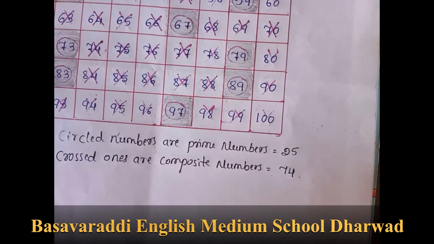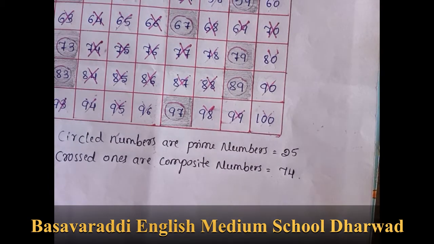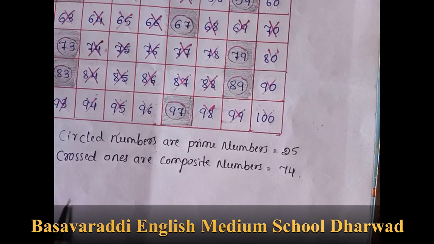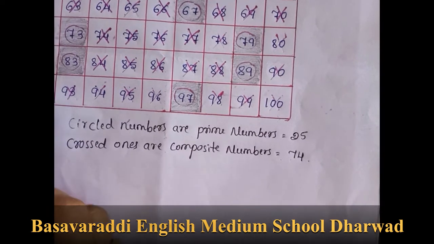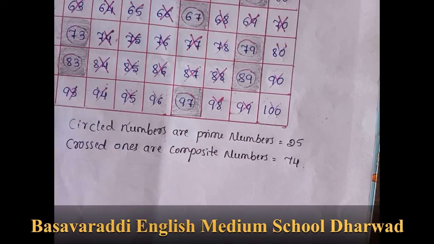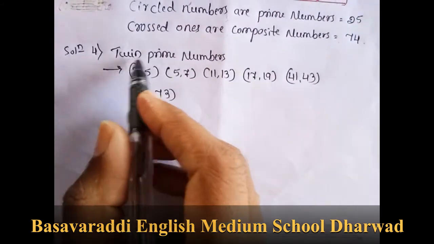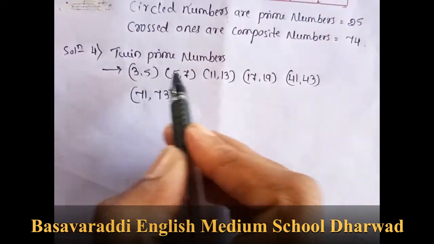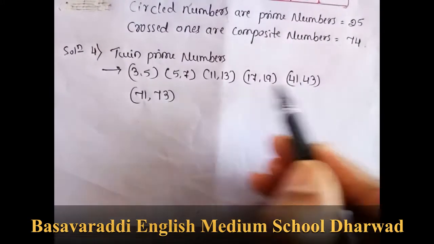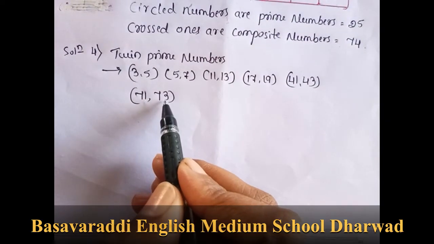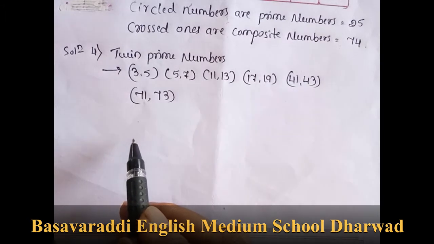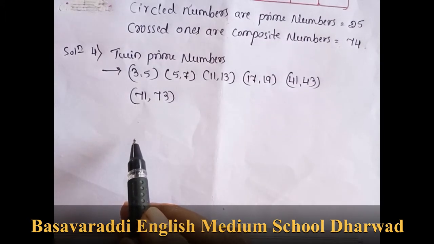The solution for twin prime numbers are 3, 5; 5, 7; 11, 13; 17, 19; 41, 43; 71, 73. There are 6 pairs of twin prime numbers from 1 to 100.